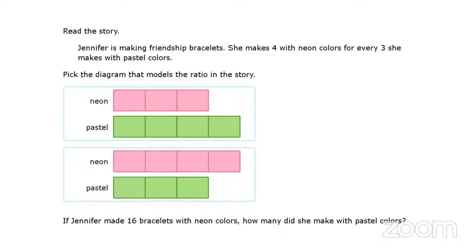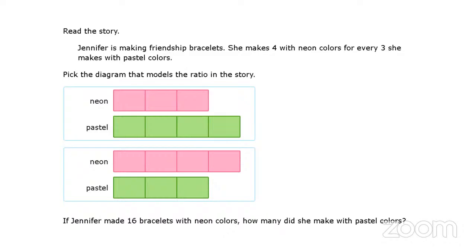So go ahead. Think about friendship bracelets. We may have made some for our best friends. So we're talking about bracelets that are unique and special for you and your friend. Now, for every 4 neon colors she has on a bracelet, she makes 3 with pastel colors.